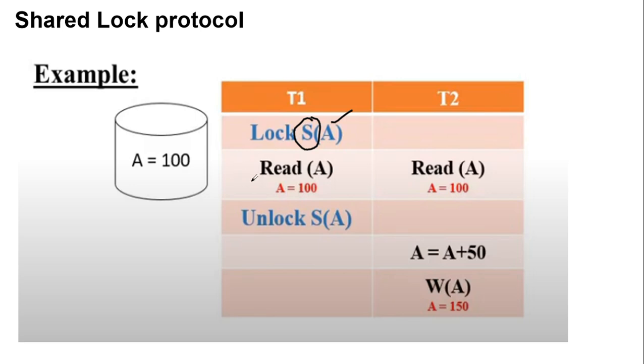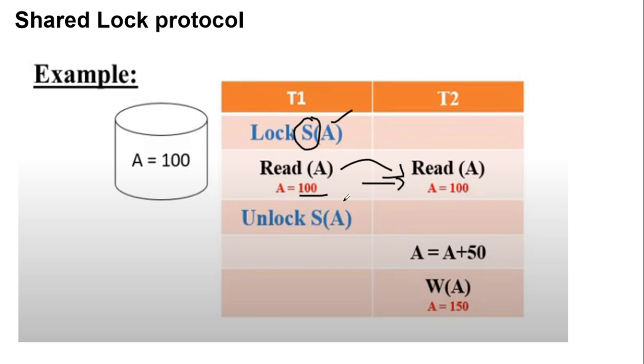In the next period of time some accessing of data is happening, which means read of A. Suppose A is 100, so it accesses the value 100. Then it goes straight to T2. Here also it is accessing the data, so the same value is read, and A is equal to 100.